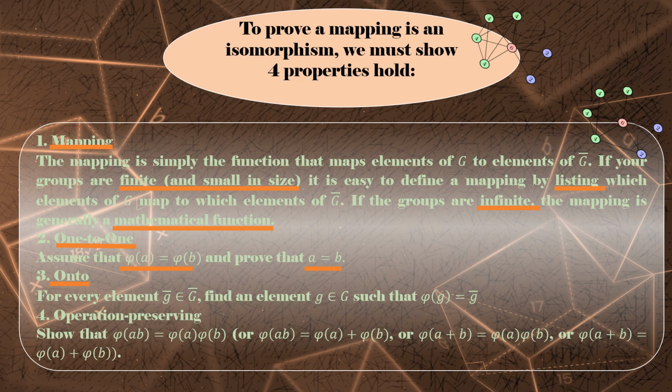For every element g bar in G bar, find an element g in G such that phi of g is equal to g bar. Fourth, operation preserving. Show that phi of AB is equal to phi of A phi of B, or phi of A plus B is equal to phi of A plus phi of B.